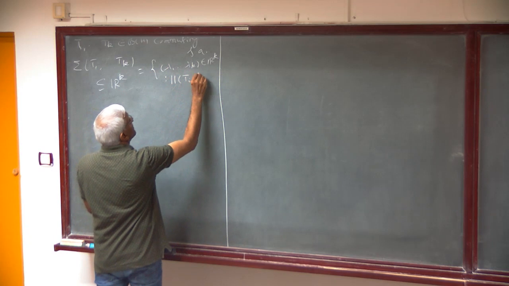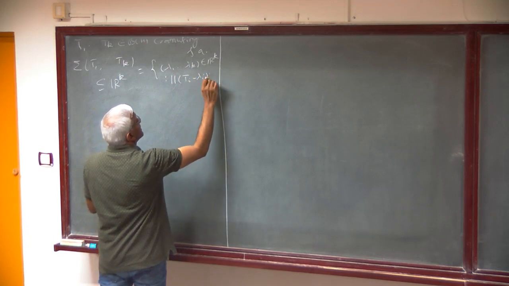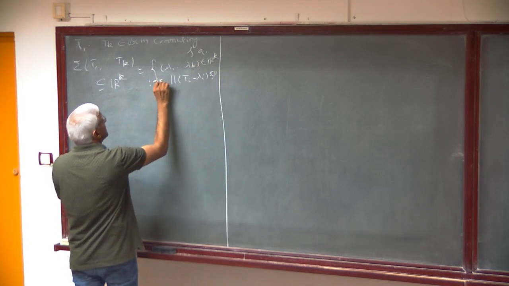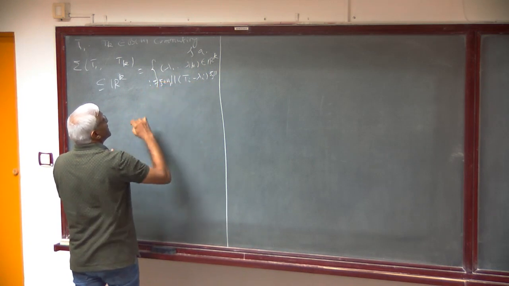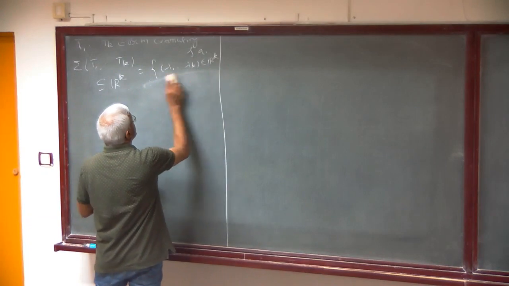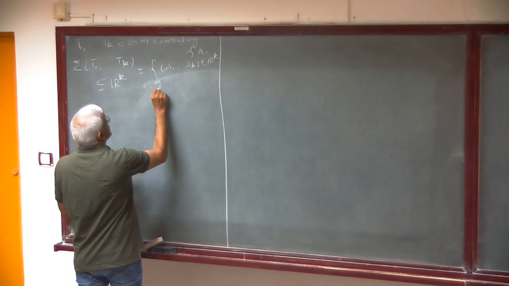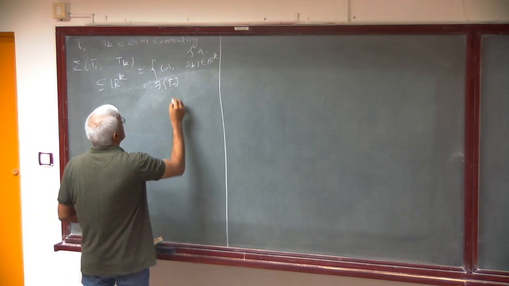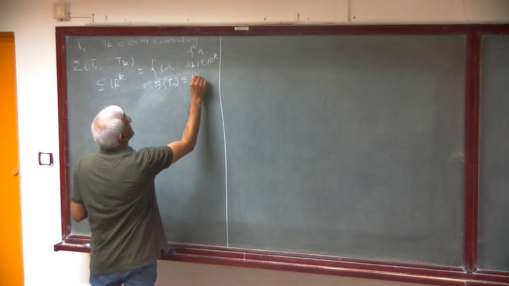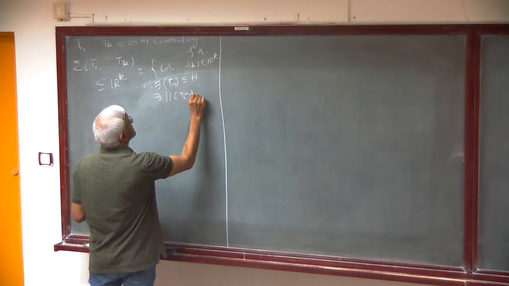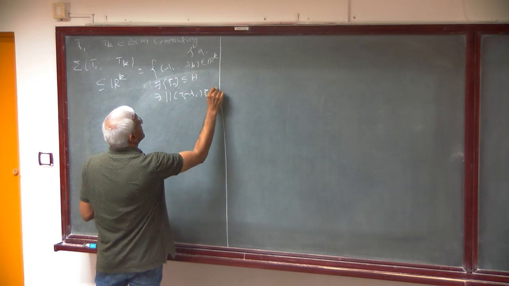That is, for every epsilon there exists xi in H such that the norm of (Ti minus lambda i) xi is less than epsilon. You can define it for epsilon, or as a sequence such that the norm of (Ti minus lambda i) xi n goes to 0.